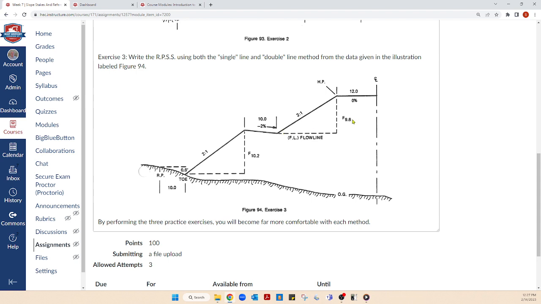So that'd be a fill of 10 right there. But it wouldn't include getting this in there. You have to get that in there. But this fill right here would be a fill of 10 to get you to the same point on the double line.